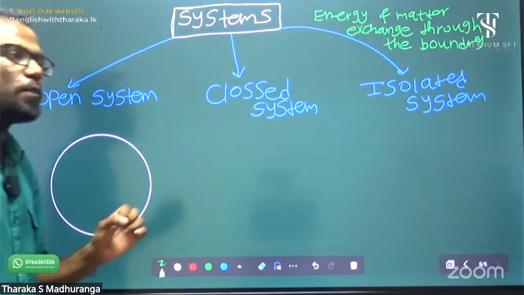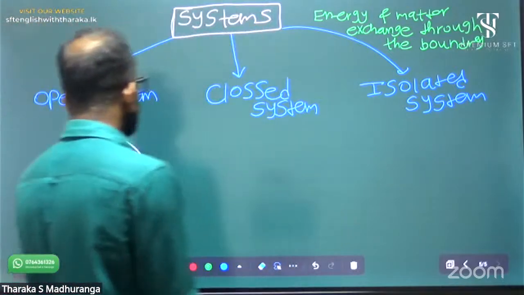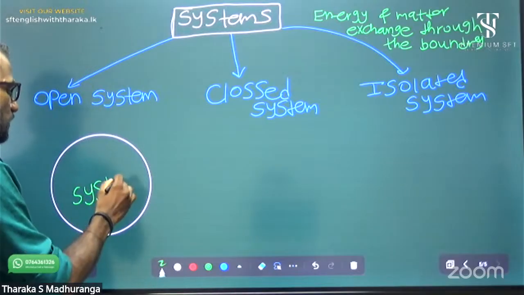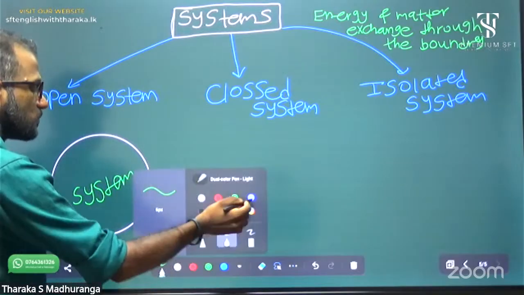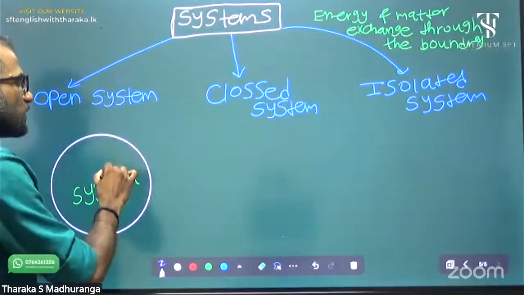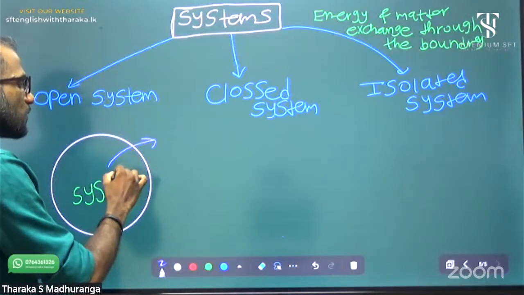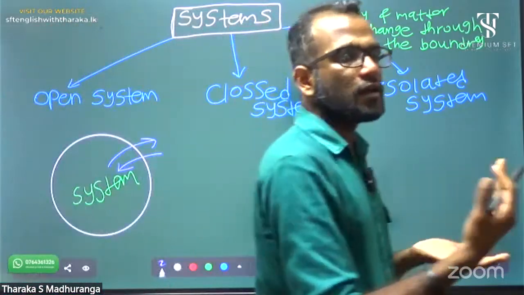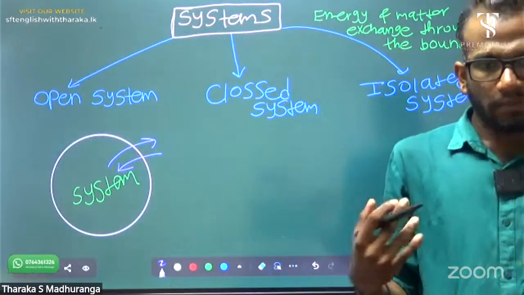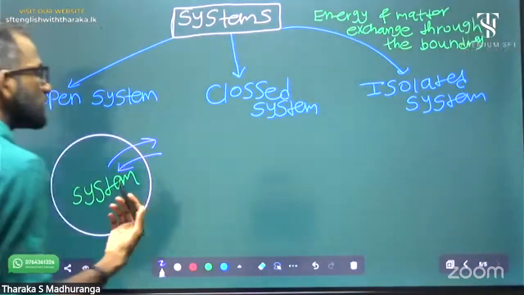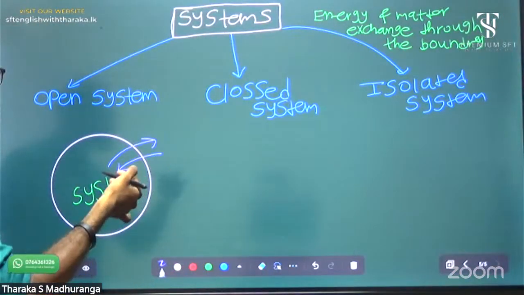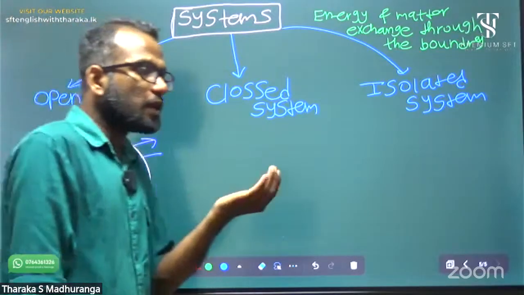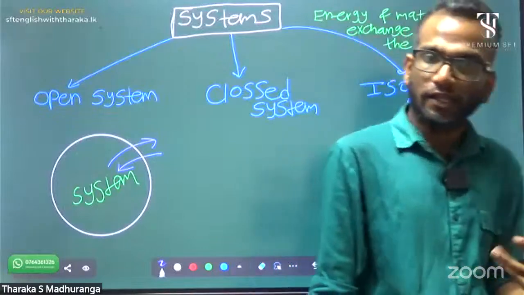Open system means, think this is a system. Energy and matter both exchange, which means they can go out and can also enter in. Energy and matter both exchange through the system boundary. Energy means heat energy, light energy, everything.